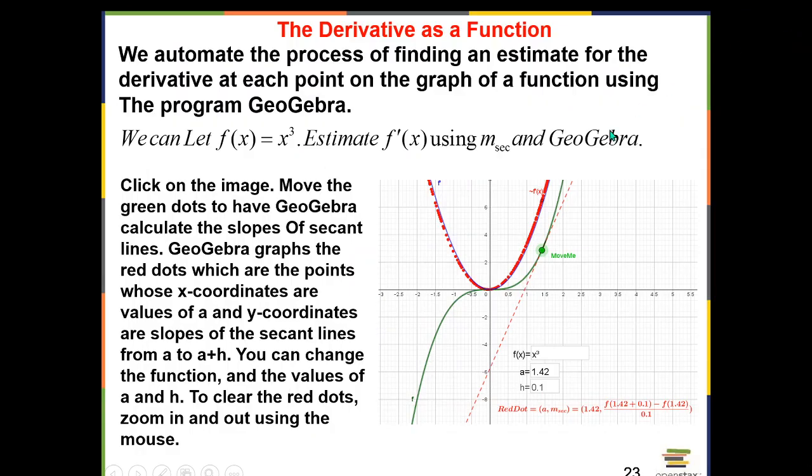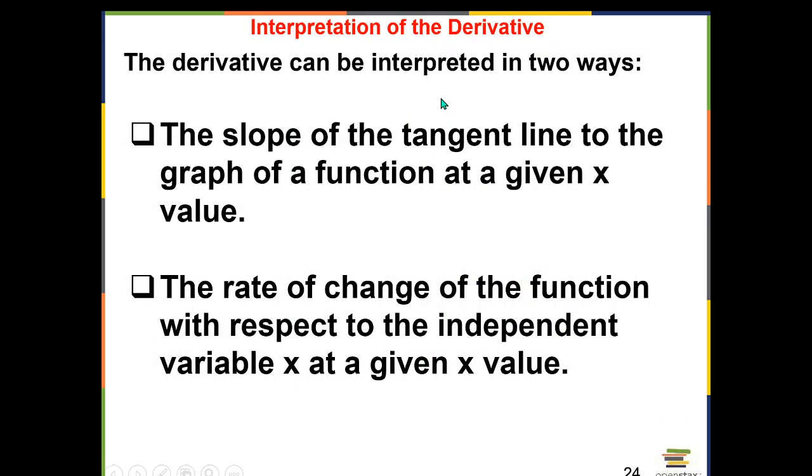All right, so let me close this and go back here. So let's talk about two interpretations of the derivative of a function at a given point. We can think of it as the slope of the tangent line to the graph of the function.